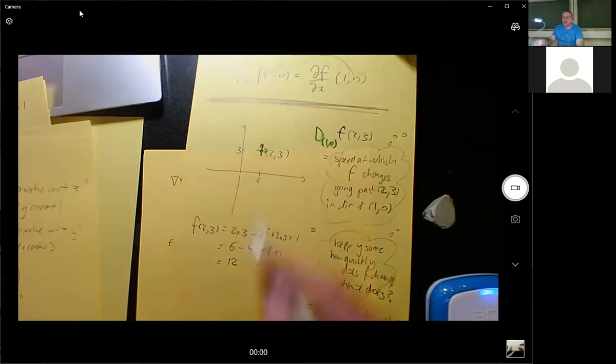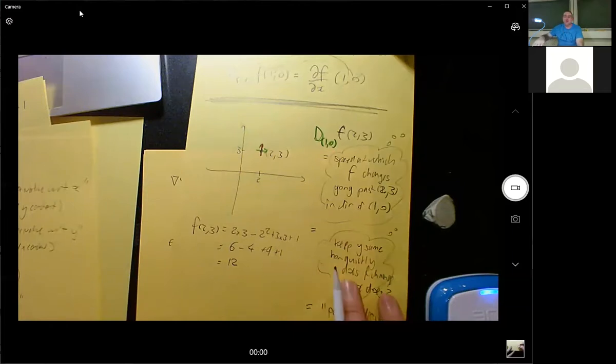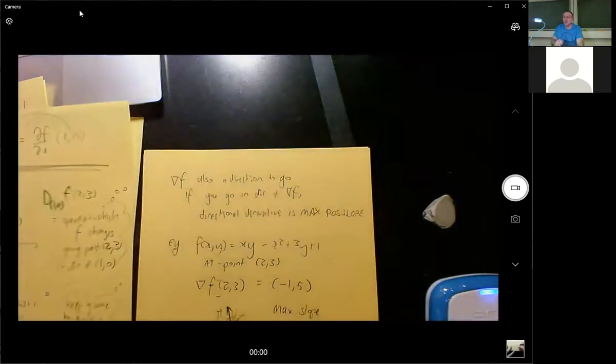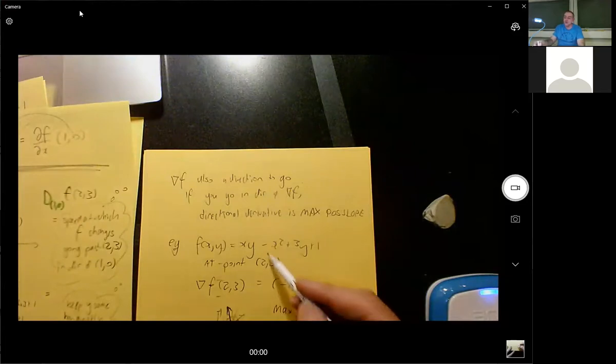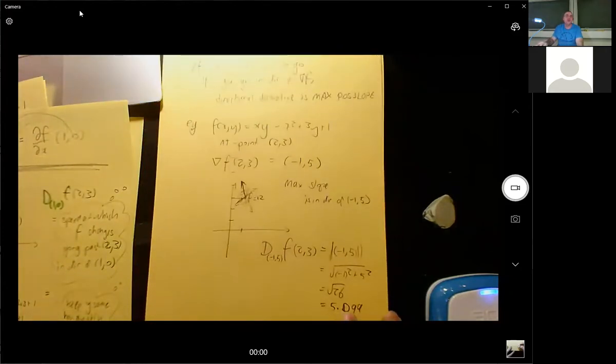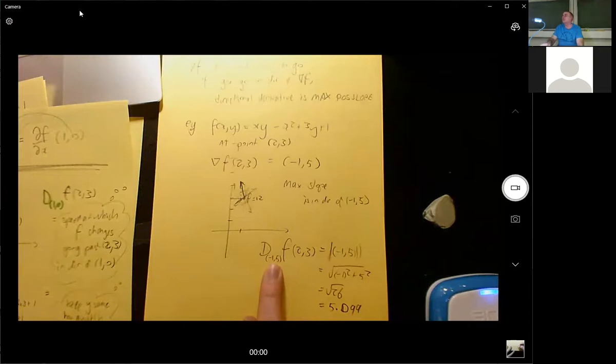So that's the height at this spot. So the minus 1, 5 is about the slope. It doesn't actually have almost anything to do with the height at this spot. And I used the 2 and the 3 to figure out what these numbers were. But I also can use the 2 and the 3 to figure out what this number works out to be. And this is how quickly that number changes as I move past this spot in that direction.